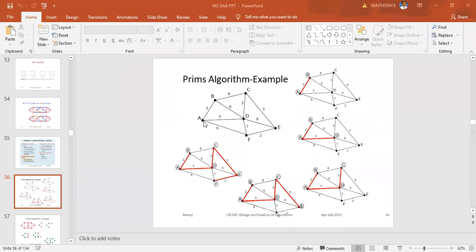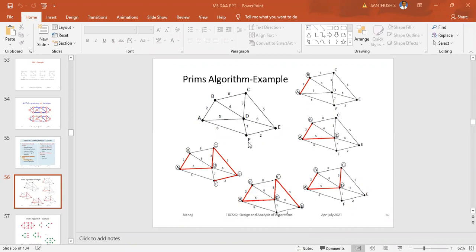These are the vertices you are having. These are called nodes. So what are the names of the nodes you are having? Node A, node B, node C, node D, node E, node F.